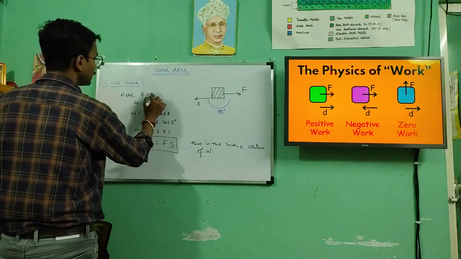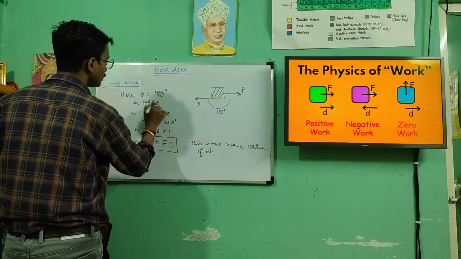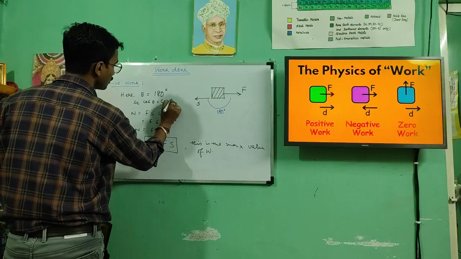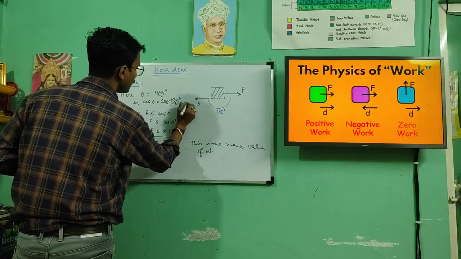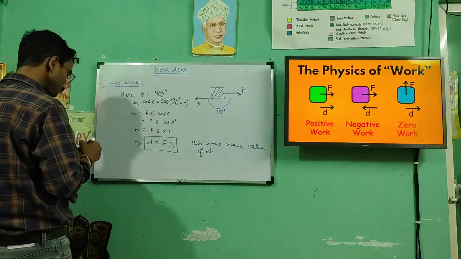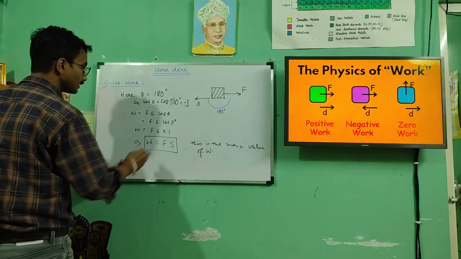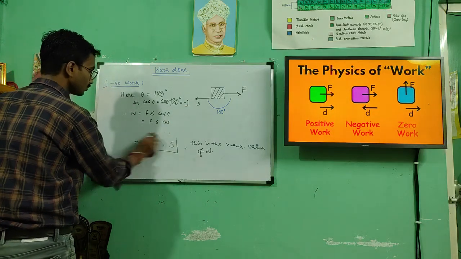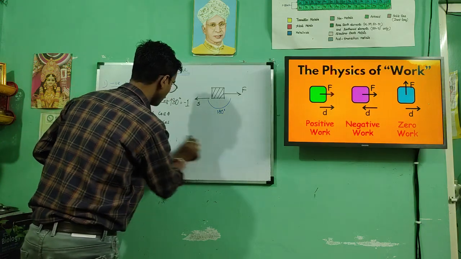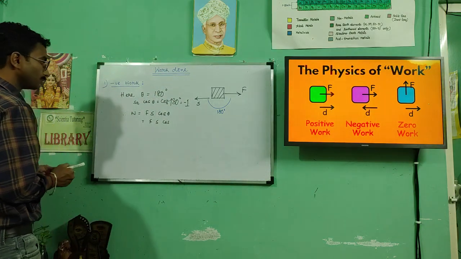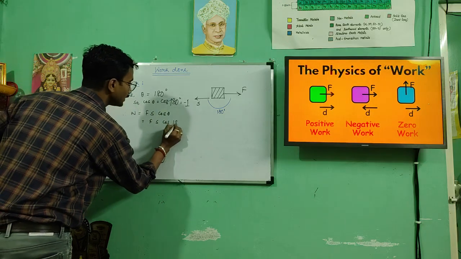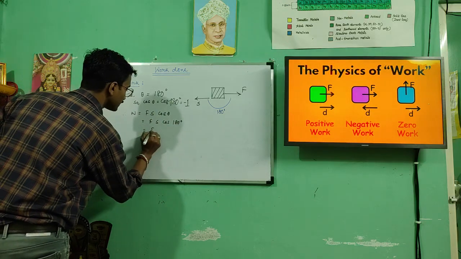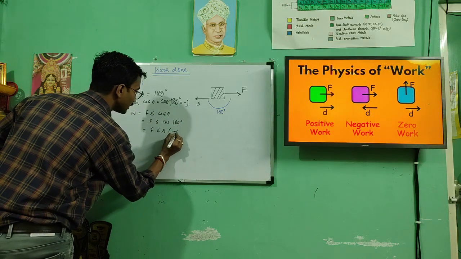So here theta equals 180 degrees, cos theta equals cos 180 degrees. We know that the value of cos 180 degrees is minus 1. So W equals Fs cos theta, equals Fs cos 180 degrees, equals Fs into minus 1.